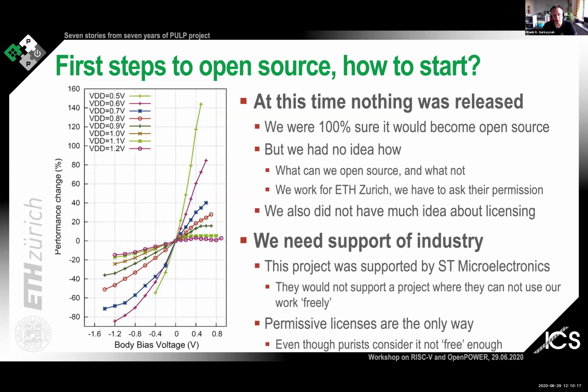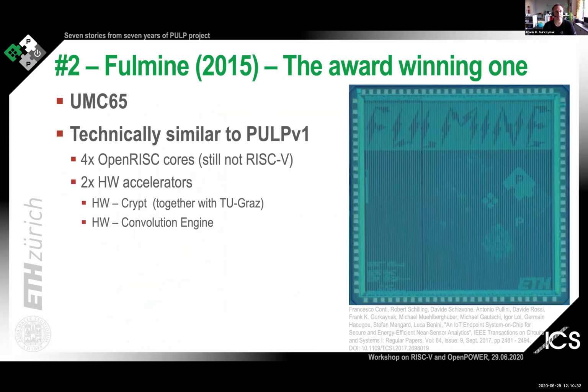So if you're working in this domain, technically, permissive licenses are the only way. Some purists will always condemn us, saying that it's not free enough, but for the things that we do, this is the only way we can work. This is what we learned at the very beginning.